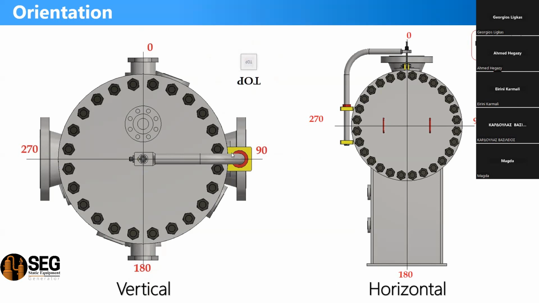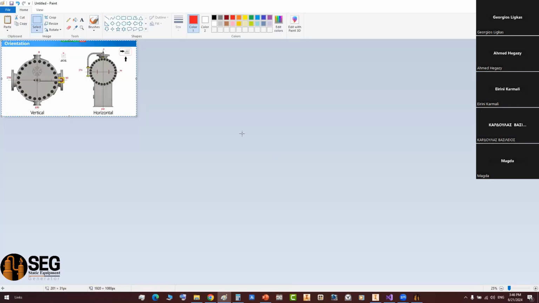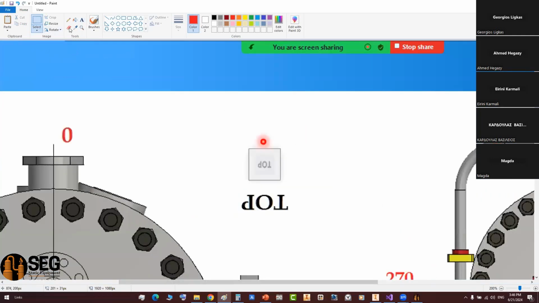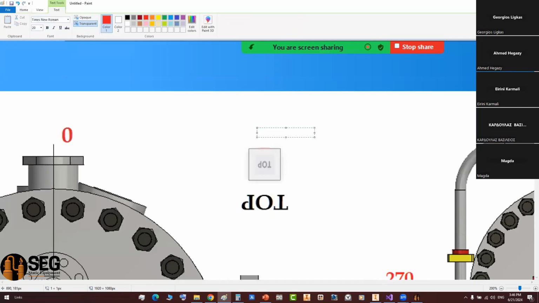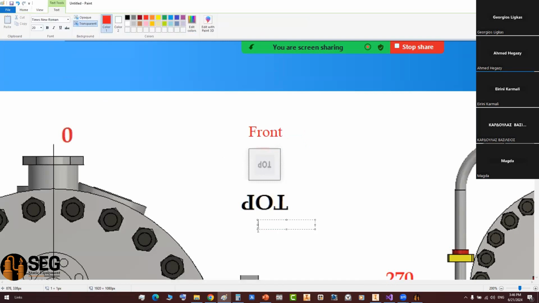and come here, that one. Now let's remove this one and add a text here. So that will be front view. If you take a look from the top view that way, here that's the back view.